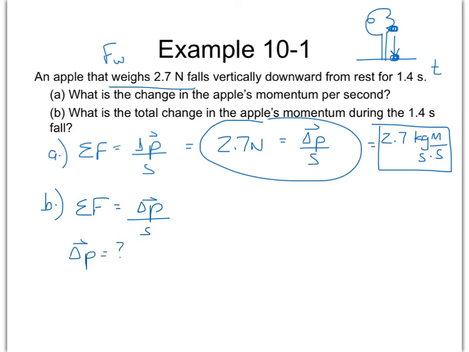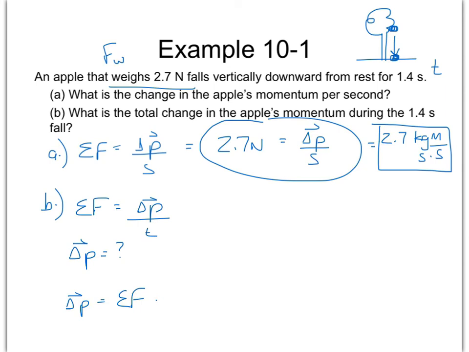All right, well, you probably know what to do here. We'll just take our seconds and multiply it up, right? So our change in momentum total over that amount of time is a net force times time. I've been writing S for time. I should be writing T, I guess, for time right there.